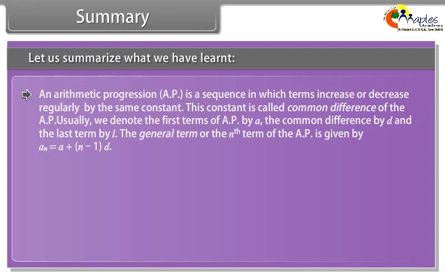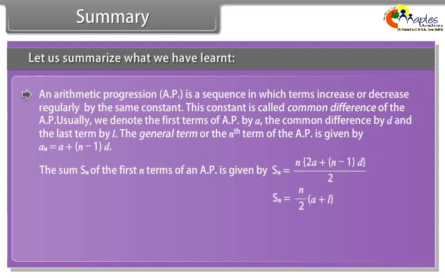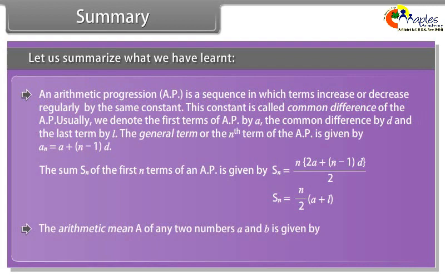Usually we denote the first term of an AP by A, the common difference by D and the last term by L. The general term or the nth term of the AP is given by a formula, the sum Sn of the first n terms of an AP is given by a formula, and the arithmetic mean capital A of any two numbers A and B is given by this. That is, the sequence A, capital A, B is an AP.